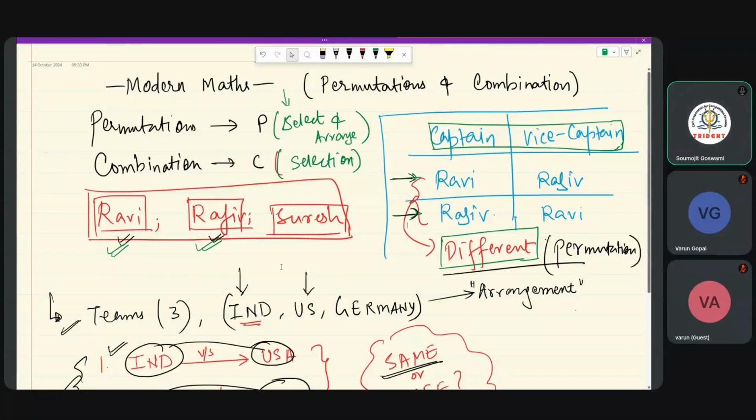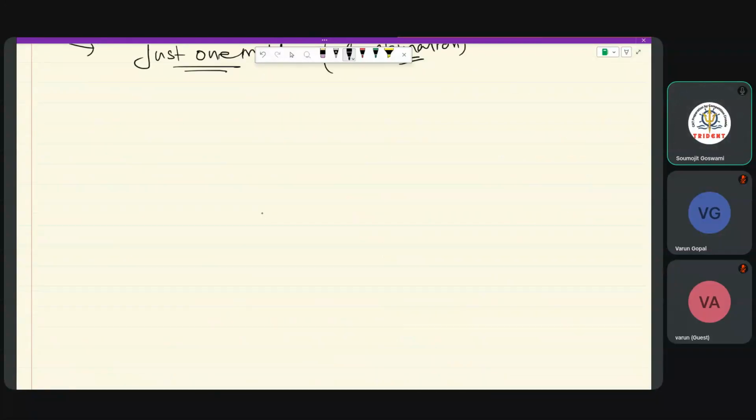Now, please understand what we have come to understand: in permutation, order is important.